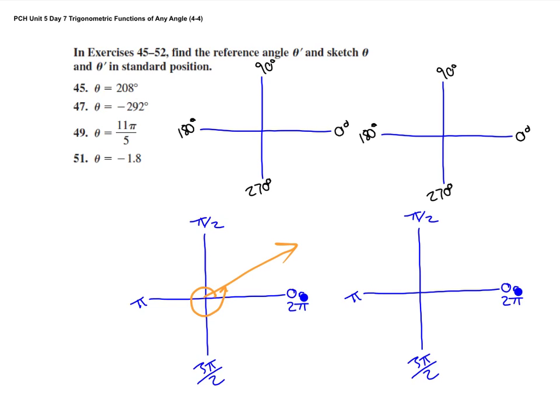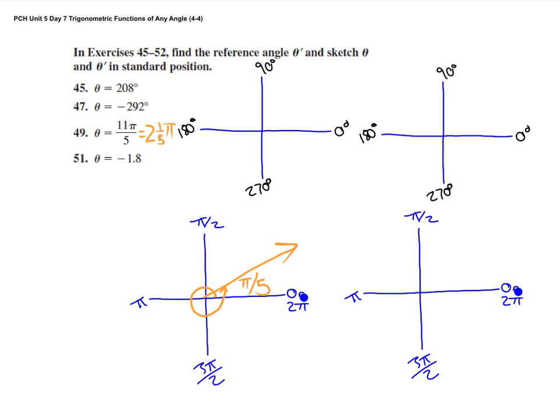How do we know that it passed through? Because 11 over 5 is 2 and 1/5. So 2 pi would be the full circle, which means our reference angle is pi over 5.